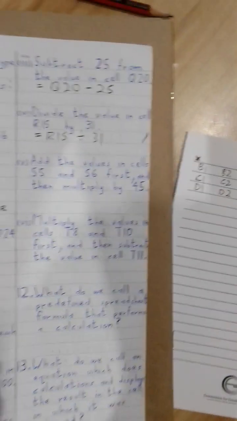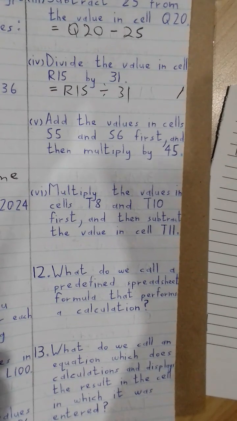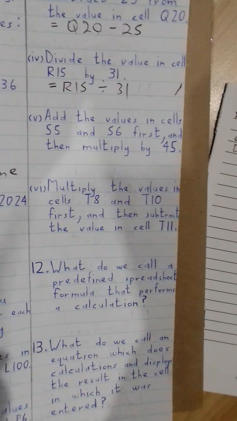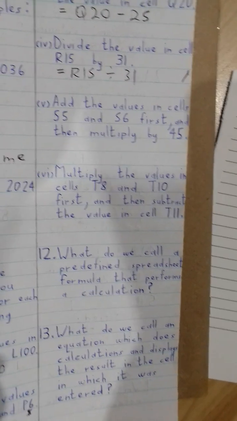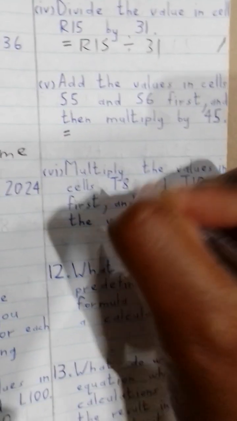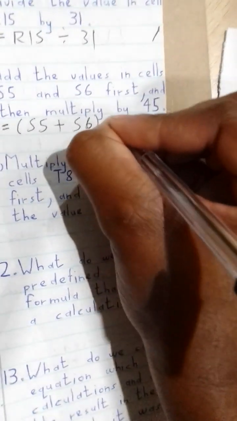Roman numeral number 5 states, add the values in cells S5 and S6 first, and then multiply by 45. So when you have calculation first, add is going to be S5 plus S6 first, right? And then multiply by 45.